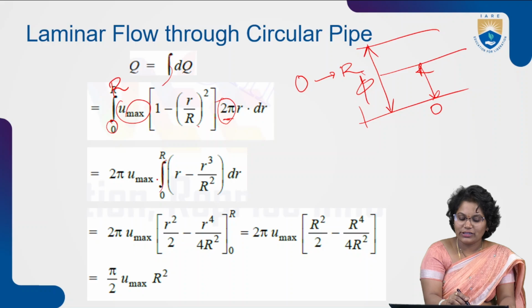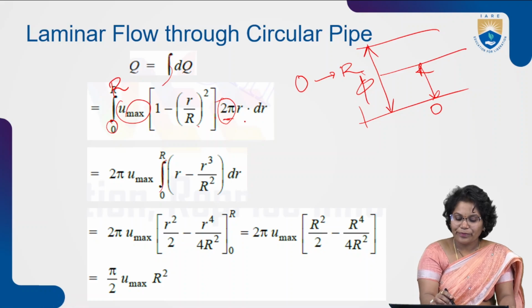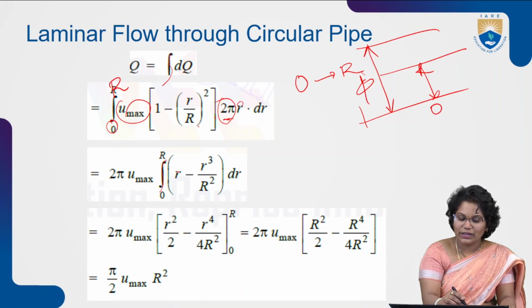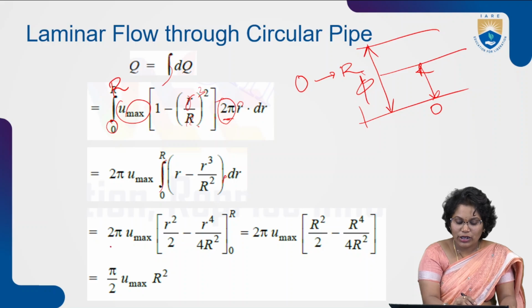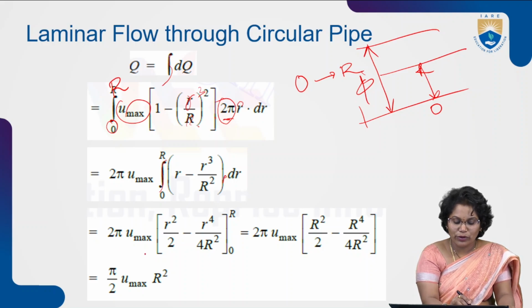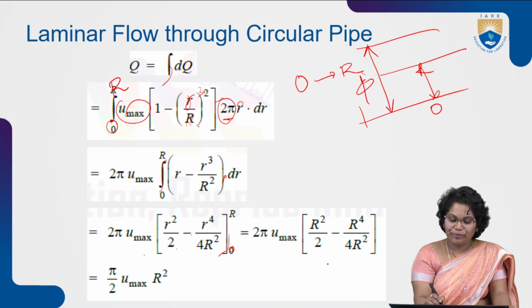I am integrating r minus r cubed by R squared into dr from 0 to R. So overall you are getting 2 pi U max into r squared by 2 minus r to the power of 4 by 4 R squared, with limits 0 to capital R.